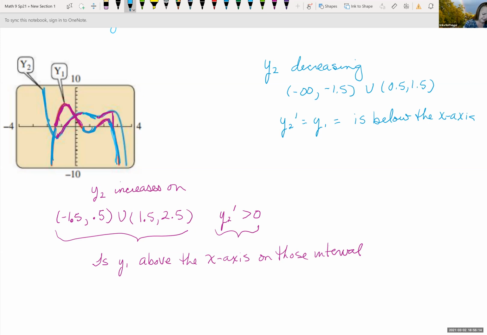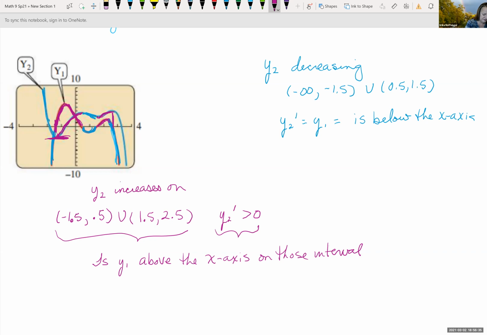And then the last thing, we want to look at where we have maxes and mins. For y sub 2, we have a min here. Notice that's where the other function is going to be crossing the x-axis, and it is.